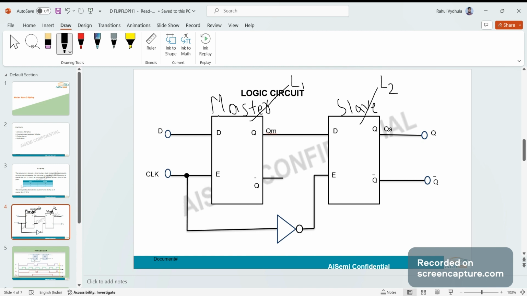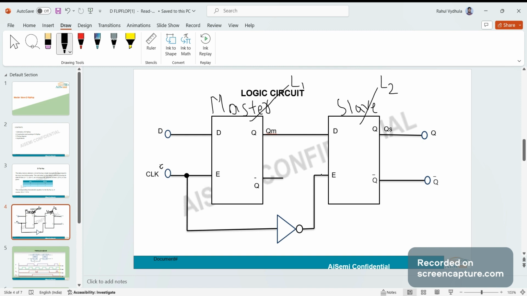Clock input of the master, we connect the clock input to this master. We are connecting again by inverting. The master is connected to the slave by the inverted clock. We take this clock signal to the inverting point and connect it to this point.